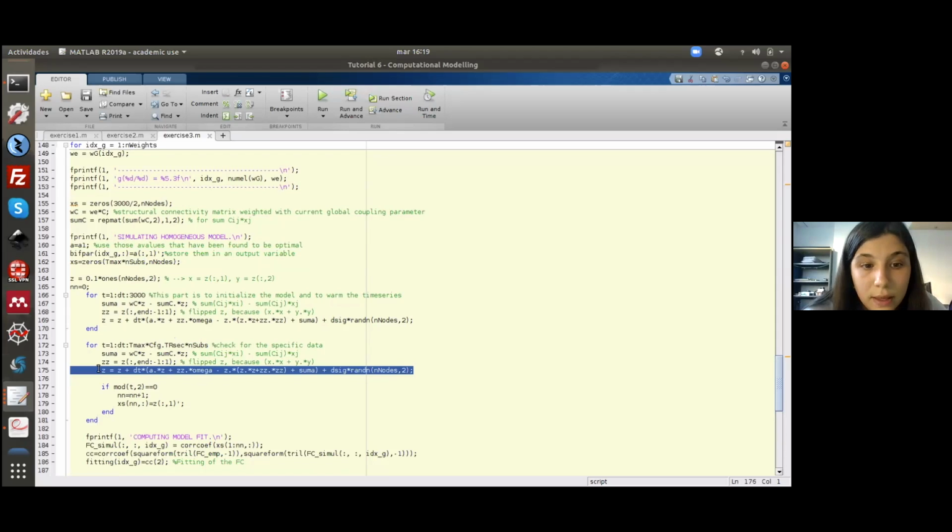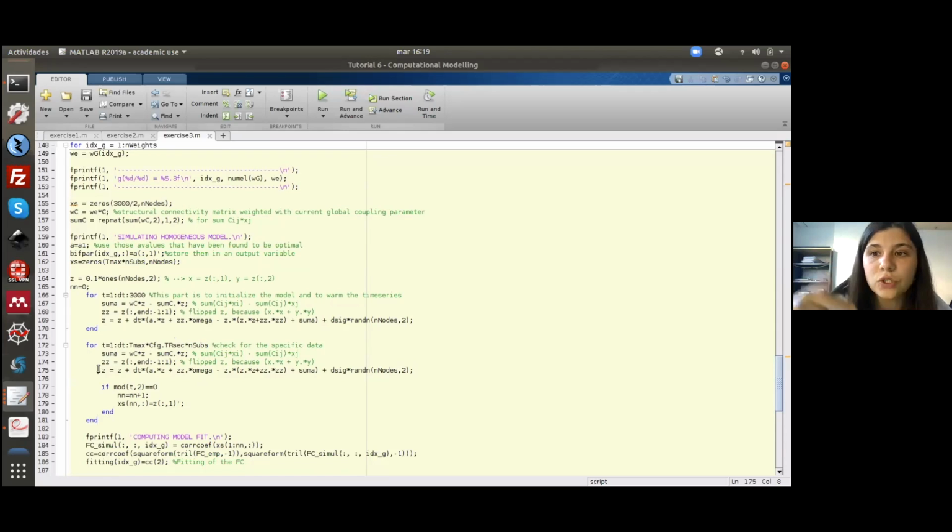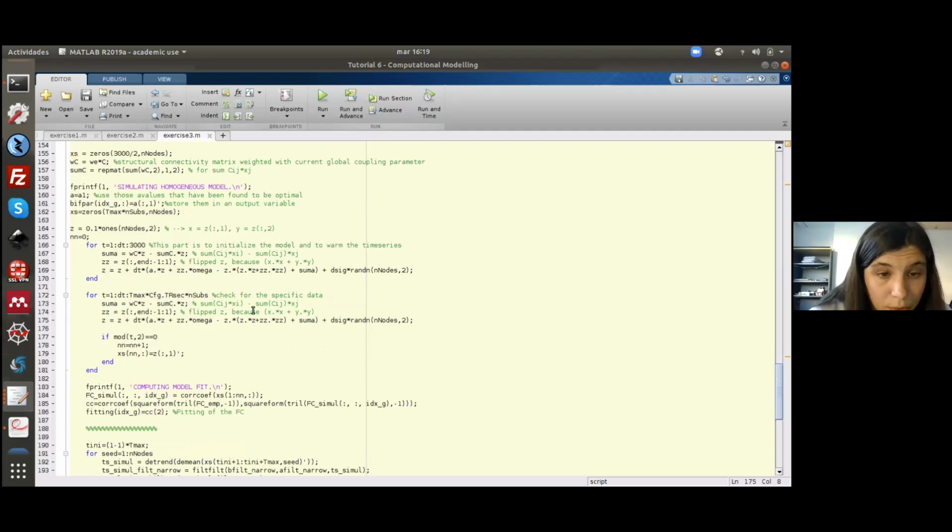This is the equation that will give us the simulation of the iteration of the model. As I said before, this equation depends on this sumC variable that contains the effect of the global coupling and also the structural connectivity, but especially the global coupling. So this is the one that will change in the different iterations.